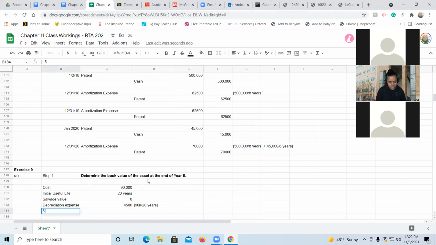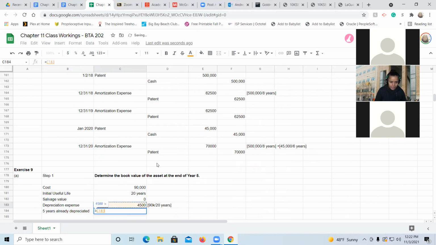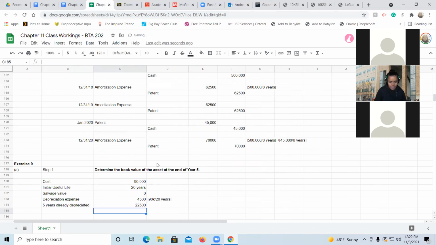How many years did we depreciate? 5 years already depreciated, right? So if that's the case, then it must mean that 4,500 times 5, that's how much accumulated depreciation is already on the books related to this asset. 4,500 times 5 years.